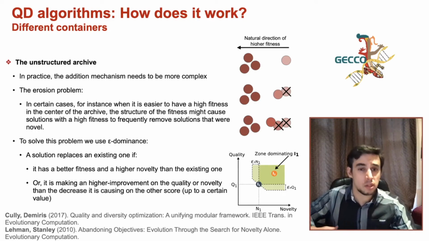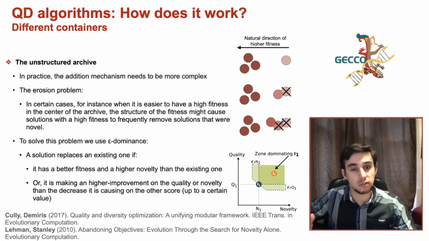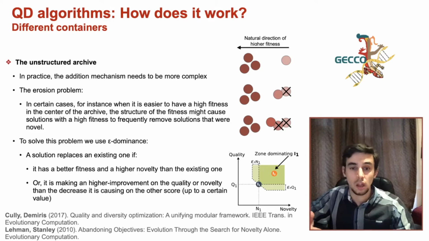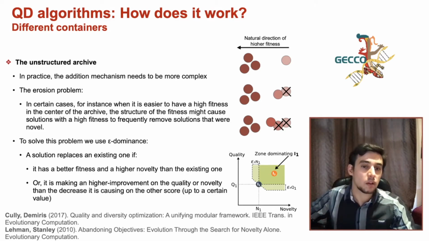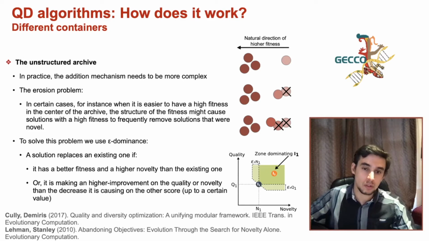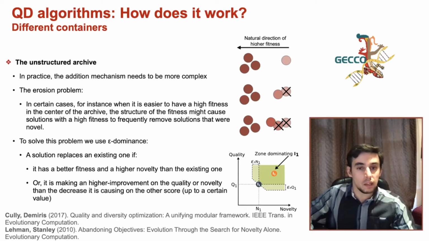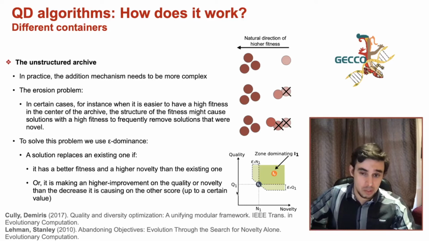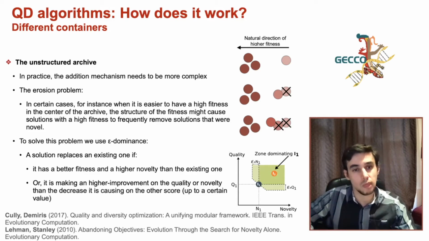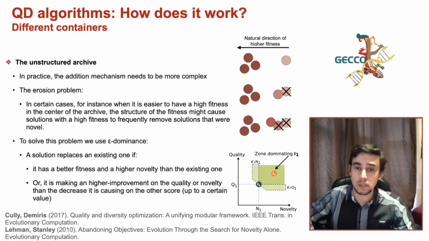That's why we use the epsilon dominance, to enable a solution to be a little bit worse in one of the two objectives, as long as it provides an improvement on the other objective that is higher than the decrease it causes on the first. This is what is represented in this graph with the novelty in one dimension and the quality in the other, and we only add a solution if it's in this green region, otherwise we don't. And this solves the erosion problems that we have observed.